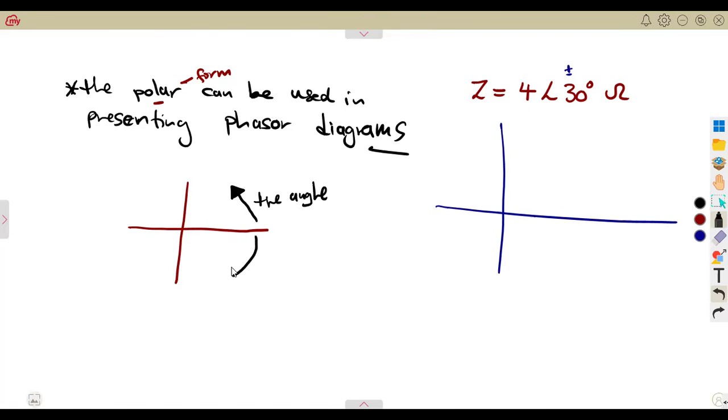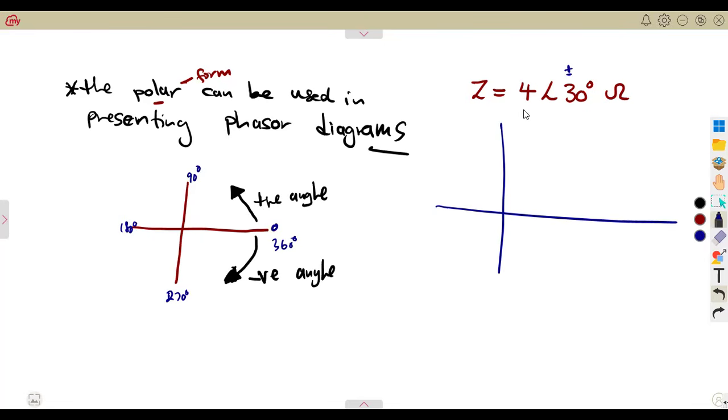The clockwise direction, the way the clock moves, the angles are taken as negative. So any angle that is negative, you present it going this way. Any positive angle, you present this way. Not forgetting that the quadrants are separated by 90 degrees from each point.